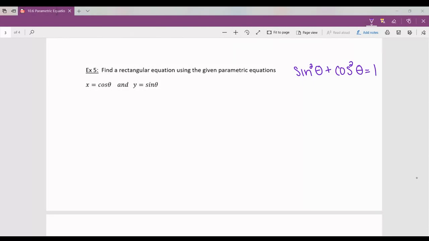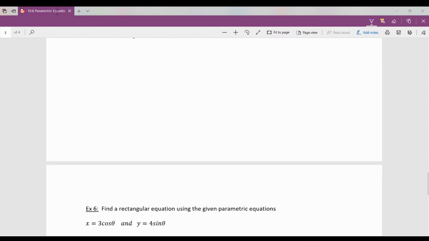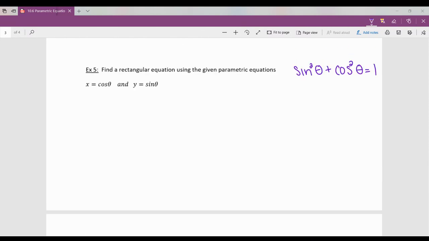is equal to 1. So we can use that idea, and what I can do is get my two equations to be equal to cosine squared and sine squared by squaring both sides. And then I can substitute in.